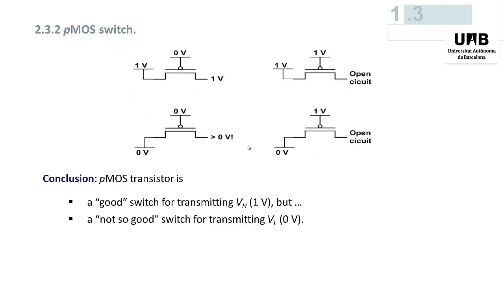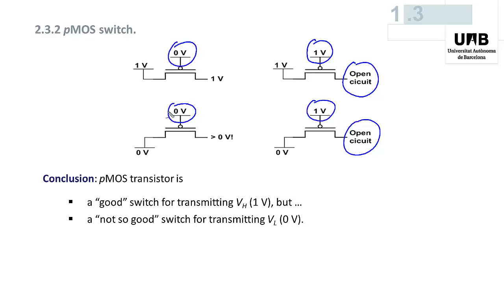Now, what about the PMOS switch? We make the same kind of experiment with a PMOS device, and we see that if the gate voltage is equal to 1 volt, or generally the high voltage, then the switch is open. If the gate voltage is 0 volt, the low level, then once again the output voltage depends on the value of the input voltage.